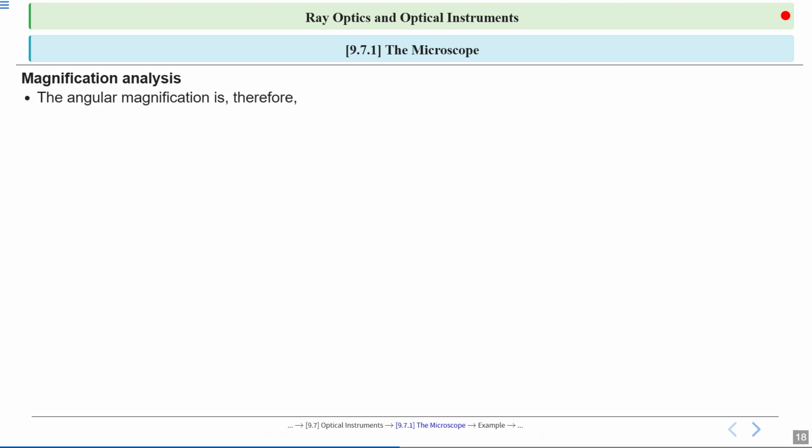Now let's discuss angular magnification. This is a crucial concept because it helps us understand how much larger an object appears when viewed through a microscope compared to the naked eye. Angular magnification is the ratio of the angle subtended by the image to the angle subtended by the object. Here we have the formula for angular magnification.